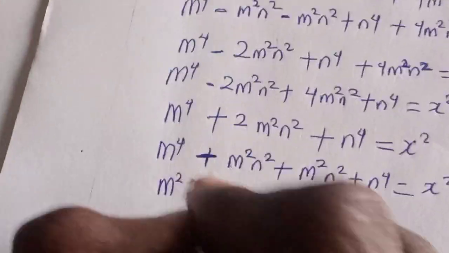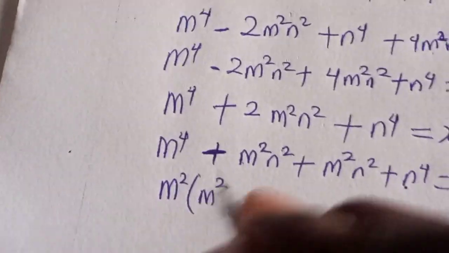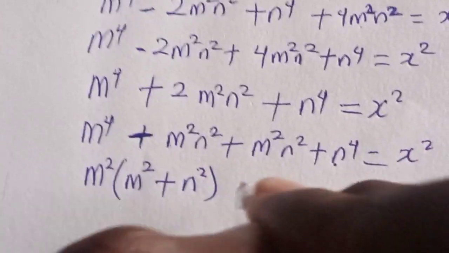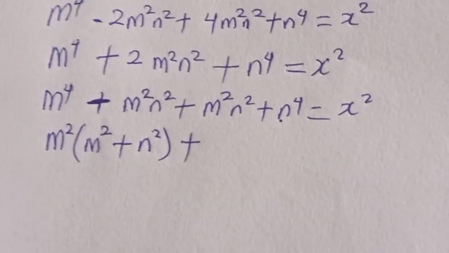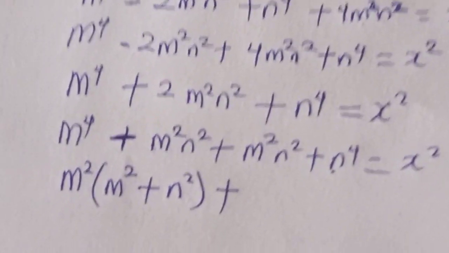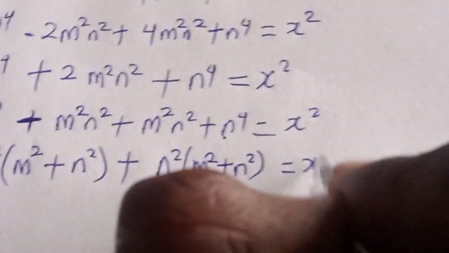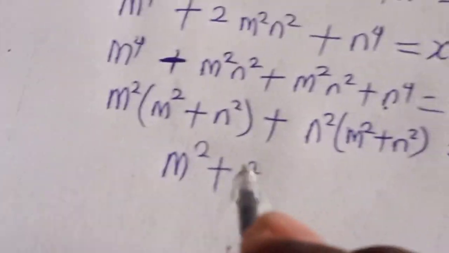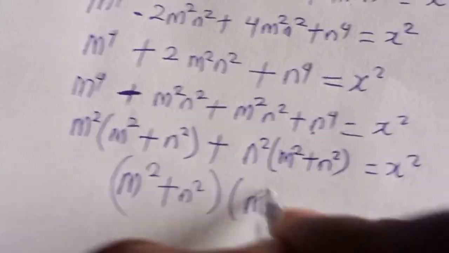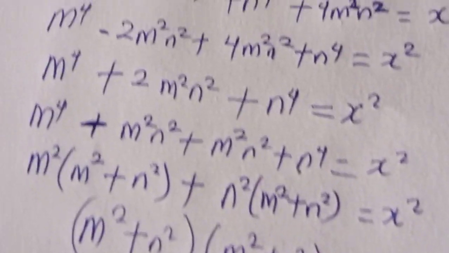That is m². What is common between m²n² and n raised to power 4? n² is common. Then bring them together: (m² plus n²)(m² plus n²) equals x².